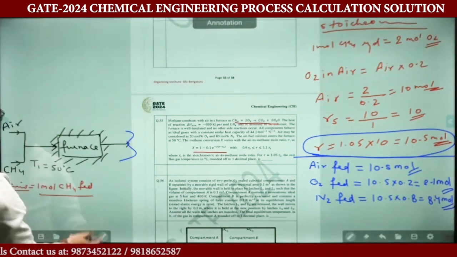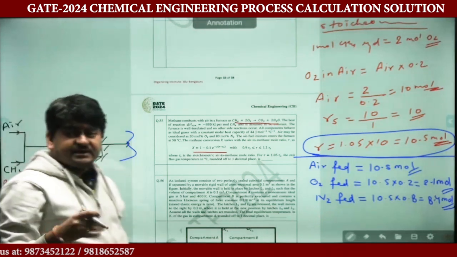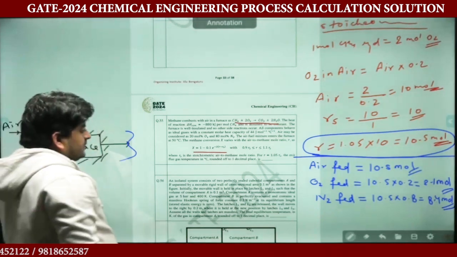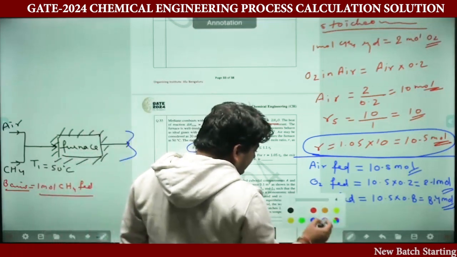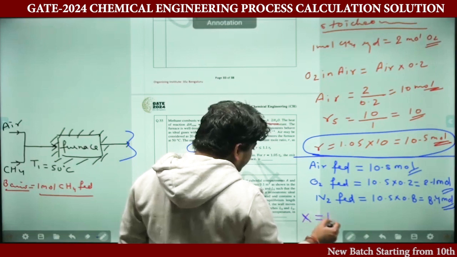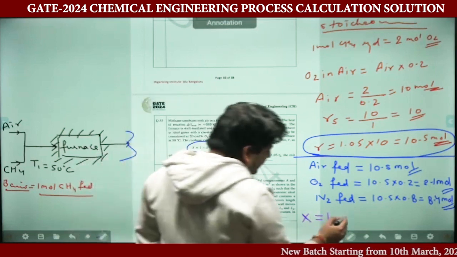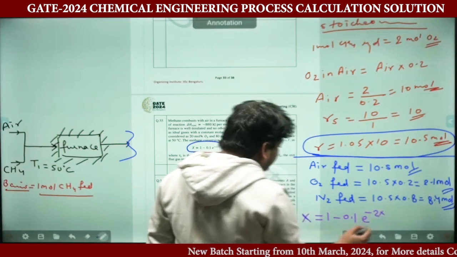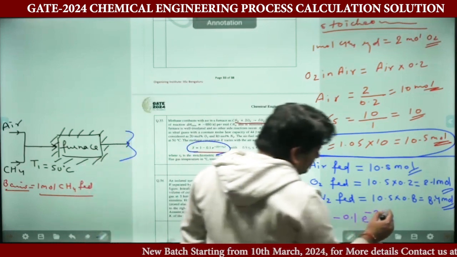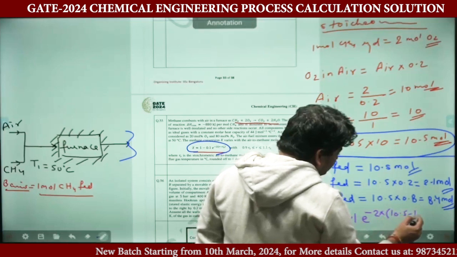So for that we need to find out the amount of CH4 reacted. So we need the value of X. So you can see we have X equal to 1 minus 0.1 times e to the power minus 2 multiplied by R minus RS, that is 10.5 minus 10.